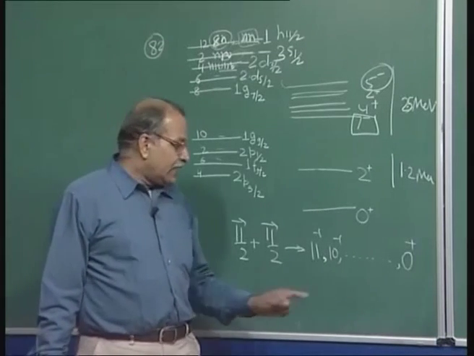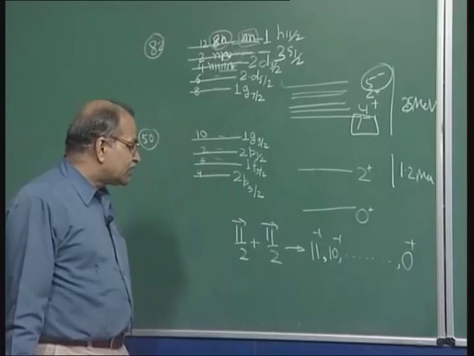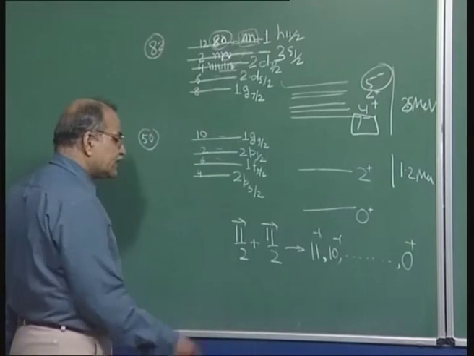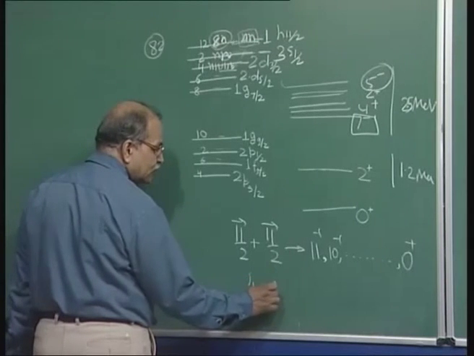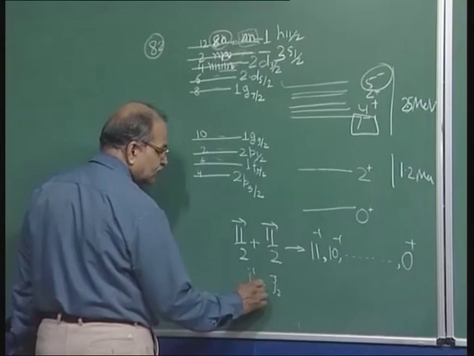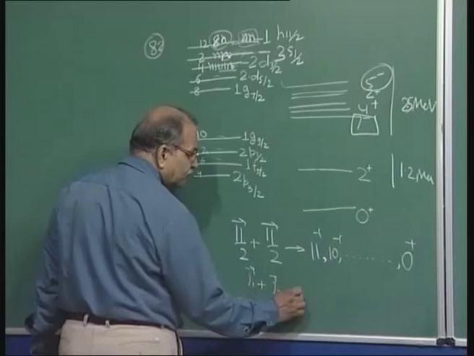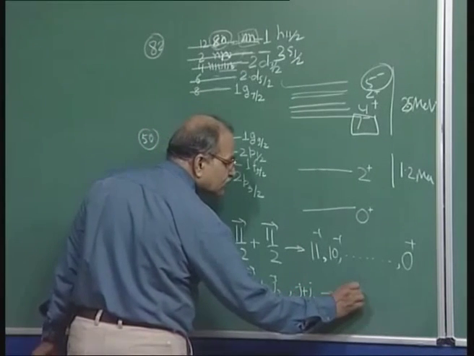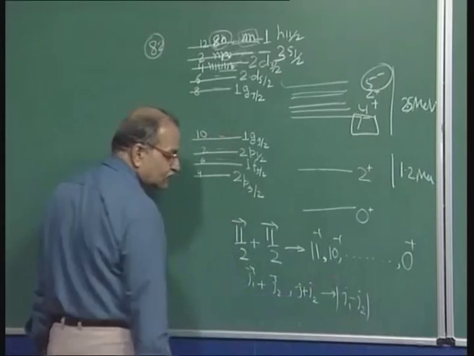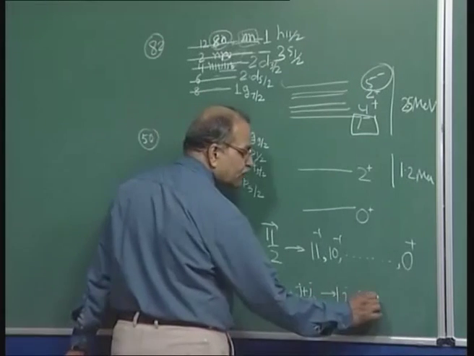And the catch I was mentioning is that yes, the rule says if you have a J1 and a J2 and they are combining, they can give you from J1 plus J2 to J1 minus J2 or J2 minus J1, whichever is positive, in steps of 1. That is the rule.